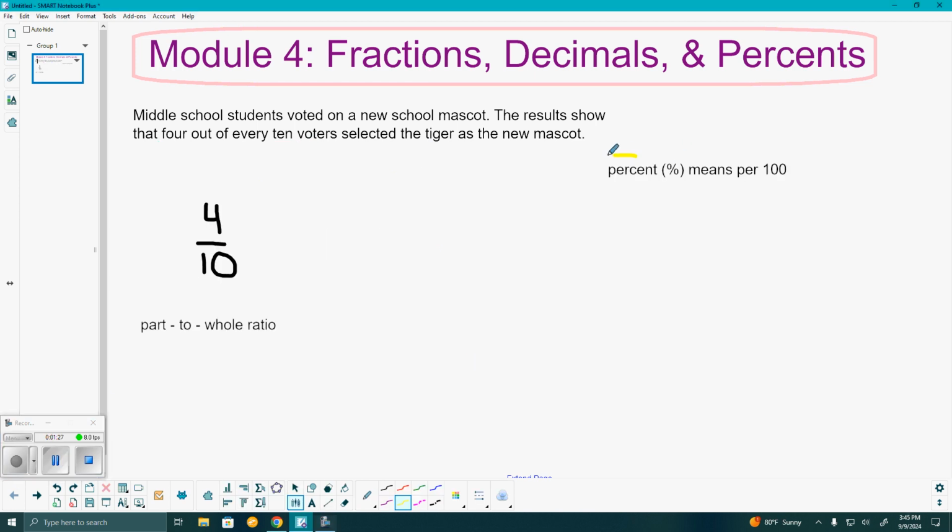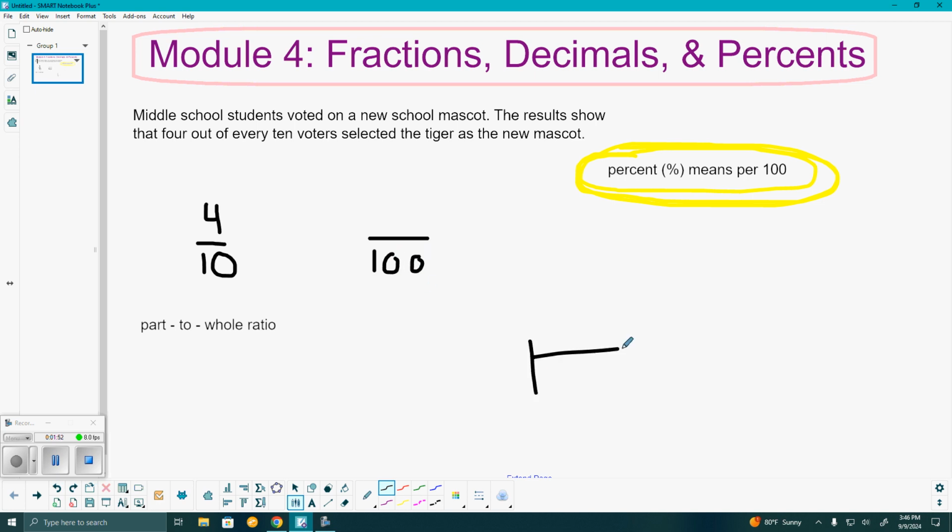Something very important for us to understand is our vocab word, which is percent, and percent means per 100. So what we're going to do is we're going to take this fraction that we have, which is our starting rate of 4 over 10, and we're trying to get to a number over 100.